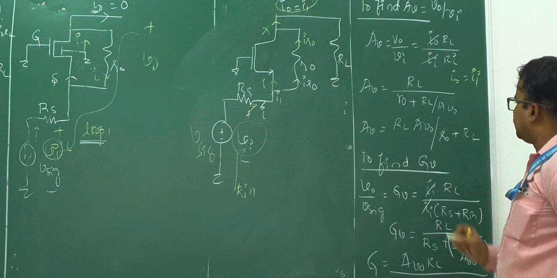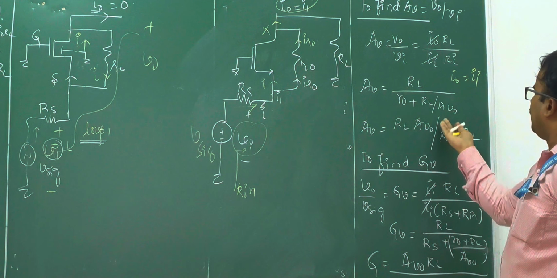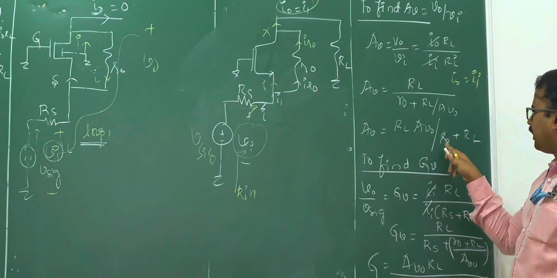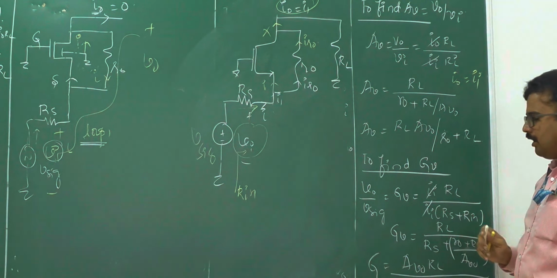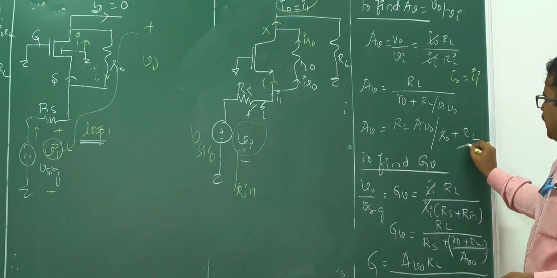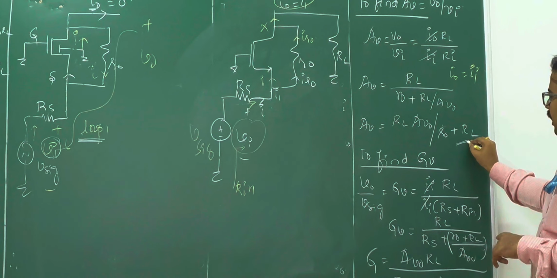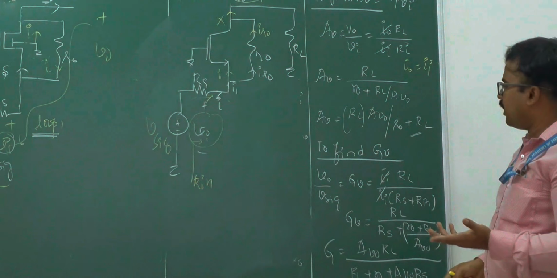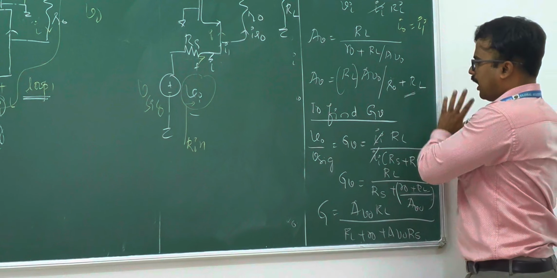Now simplify this equation and you can observe AV is nothing but RL into AV0 divided by R0 plus RL. Finally, the last conclusion: to find AV with RL, it reduces to the equation RL into AV0 divided by R0 plus RL.